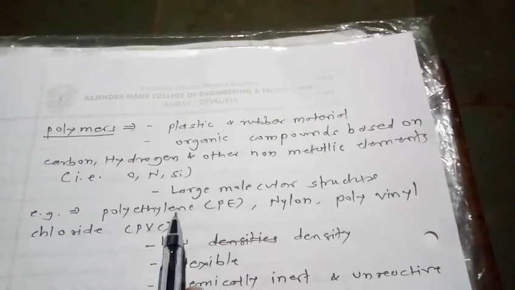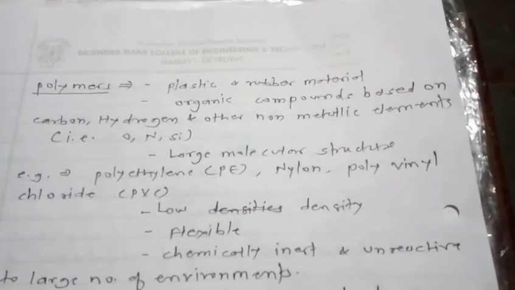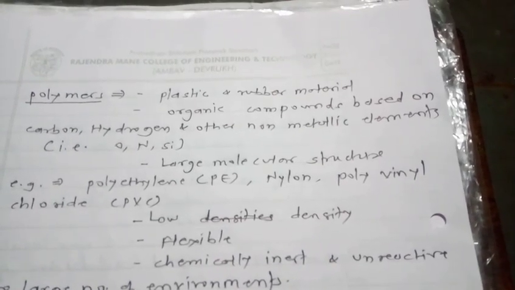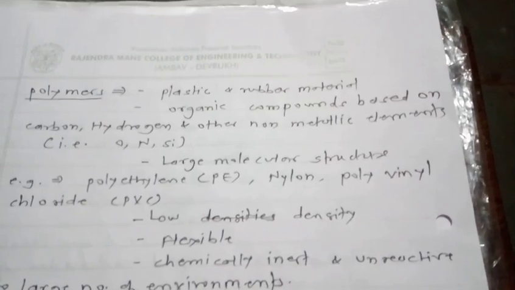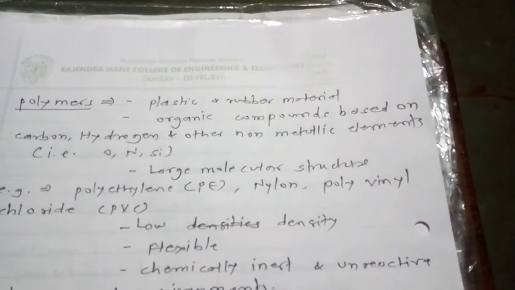We have already gone through this in chemistry, where there are different types of plastic: polyethylene, nylon, PVC, that is polyvinyl chloride. So different molecular structures are available for polymers. Remember, polymers are plastic or any rubber material formed from organic compounds like carbon, hydrogen or other non-metallic elements.